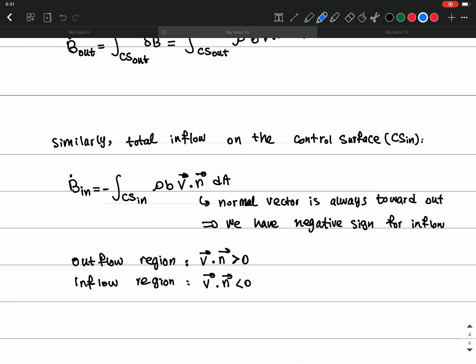So now let's calculate the net flux, or flow rate. So what is flux? It is just a flow rate.